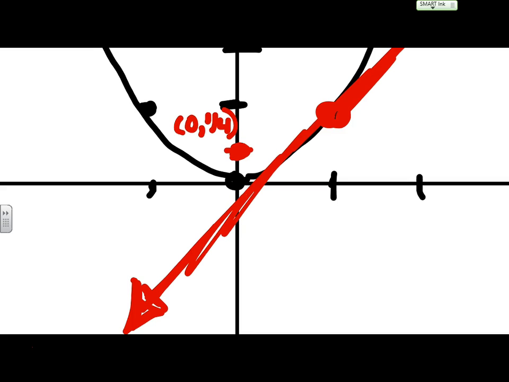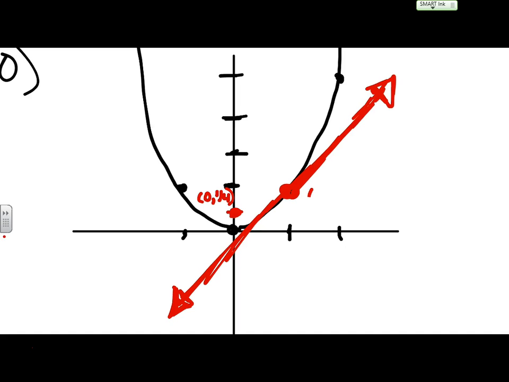Okay, we have the point (0, 1/4). We have the point (1, 1). And what do we know about the distance from the focus to a point and the focus to the other point? You can see I didn't draw it so hard. Don't trust the picture.